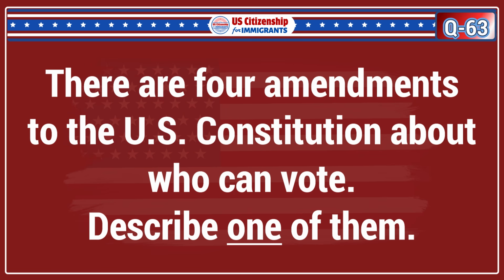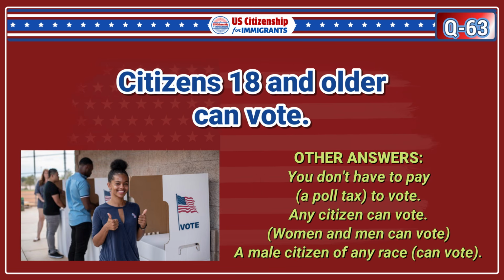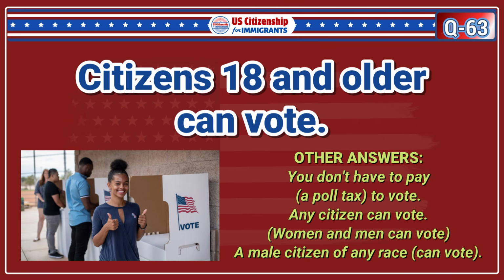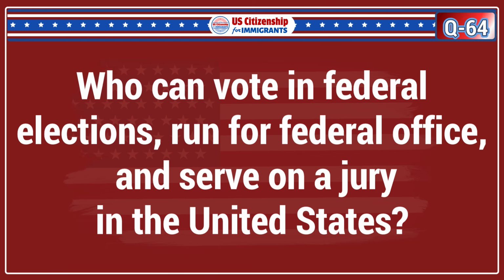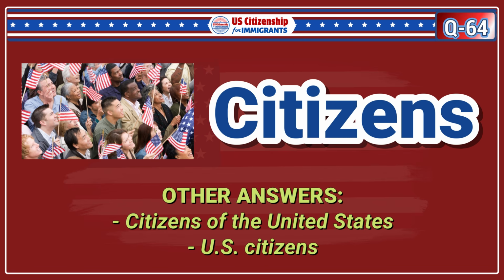Describe one of them. Citizens 18 and older can vote. 64. Who can vote in federal elections, run for federal office, and serve on a jury in the United States? Citizens.